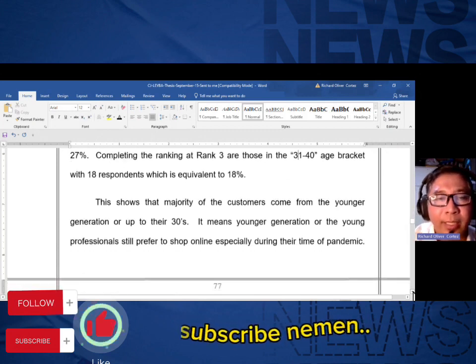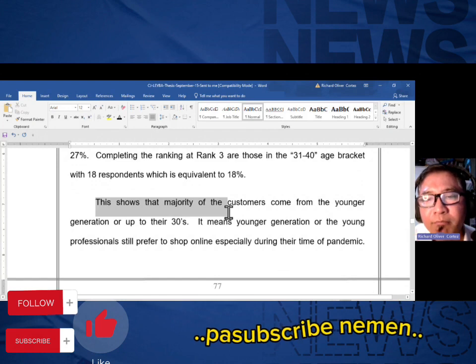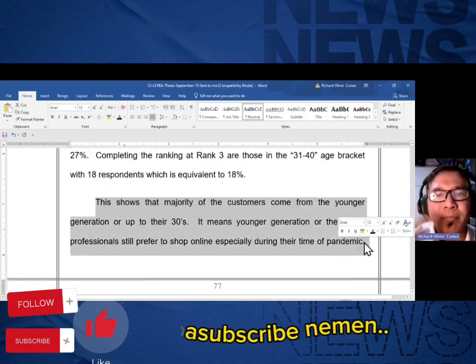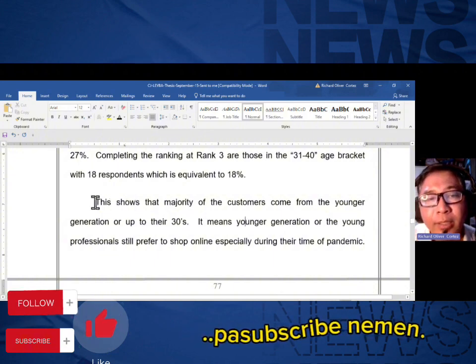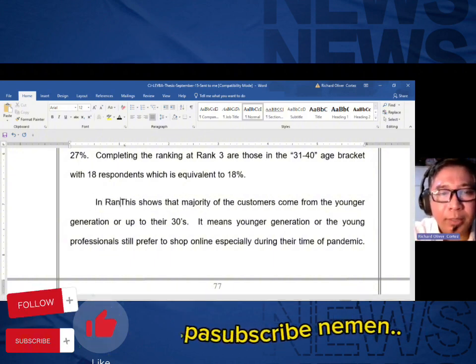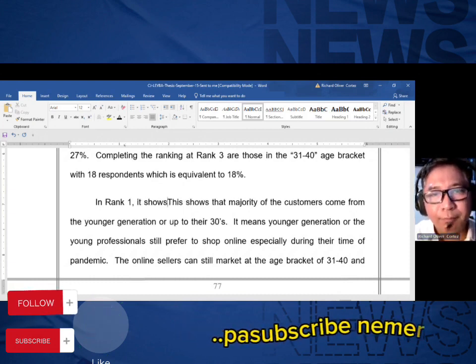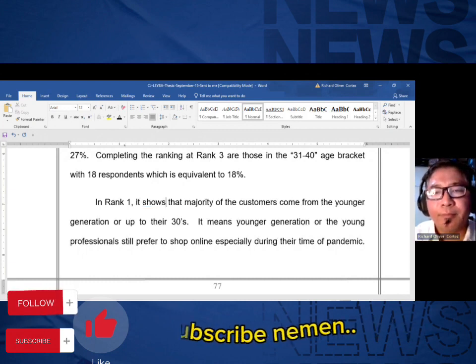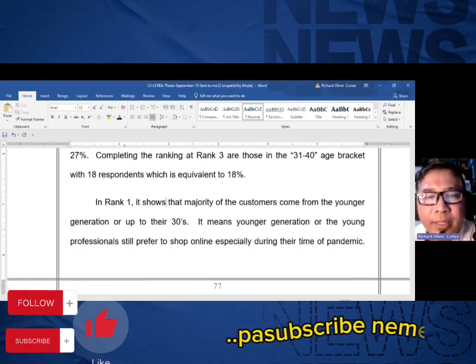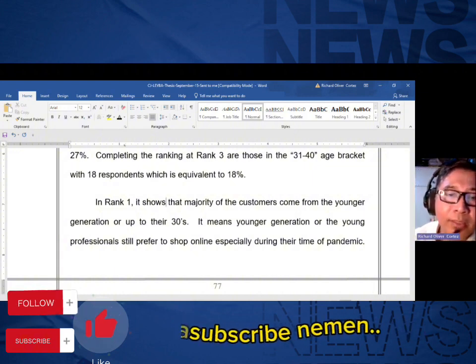So you should discuss below, for example, rank number 1. Why are they first? For example, this shows that majority in rank number 1 of the customers come from the younger generation or up to their 30s. So what is the reason?